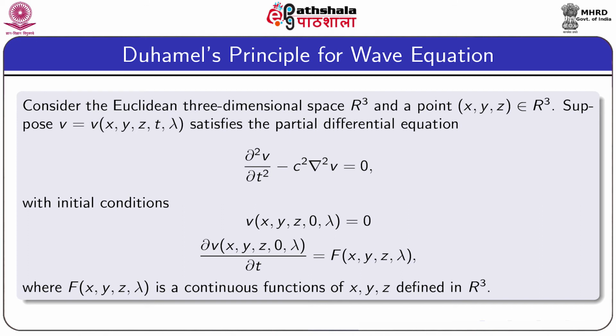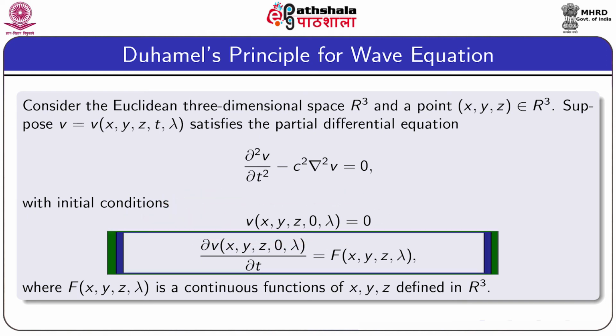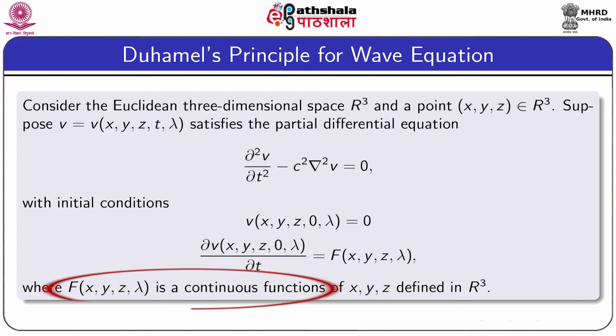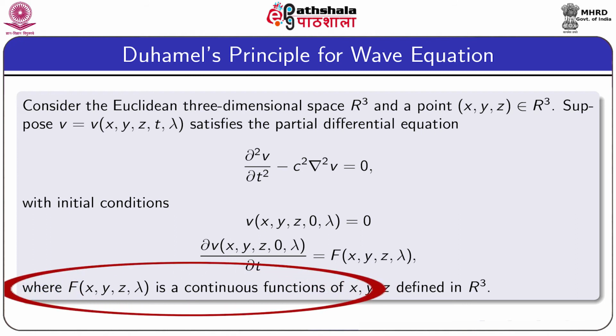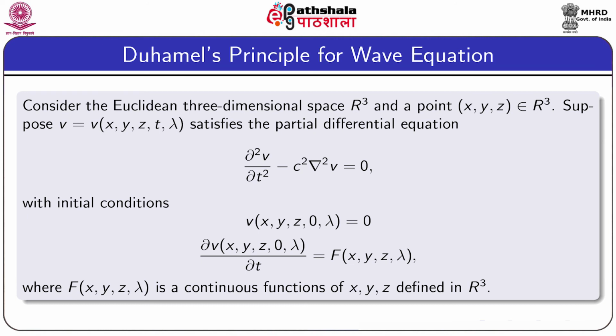That means V satisfies the homogeneous wave equation together with initial conditions V at x, y, z, 0, lambda equals 0 and del V del t at x, y, z, 0, lambda equals F of x, y, z, lambda, where capital F is a continuous function of x, y, z defined in R3.